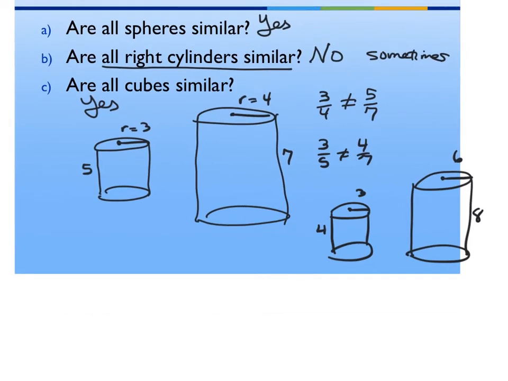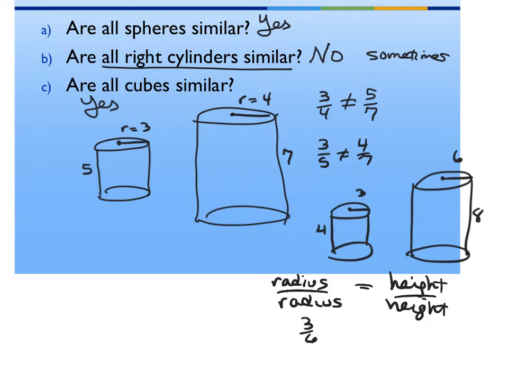I can either do radius to radius and make sure that it equals height to height. So I can do 3 to 6 and see if it equals 4 to 8. Notice they both simplify to 1/2. So this example, they would be similar.